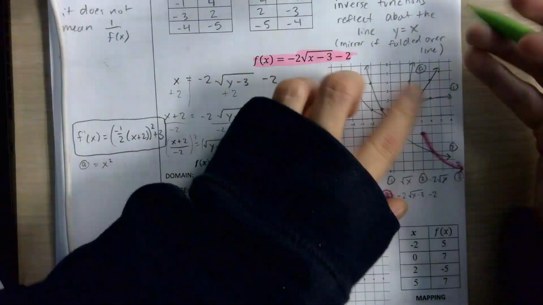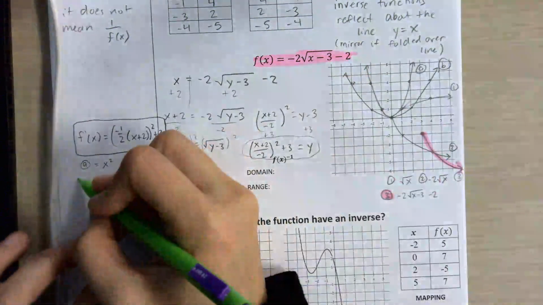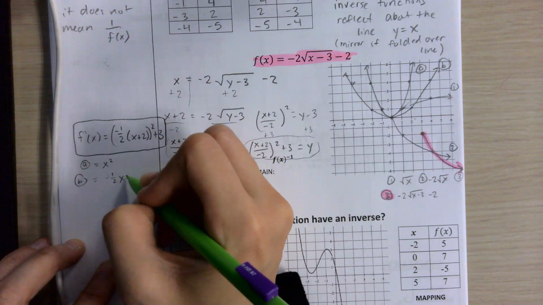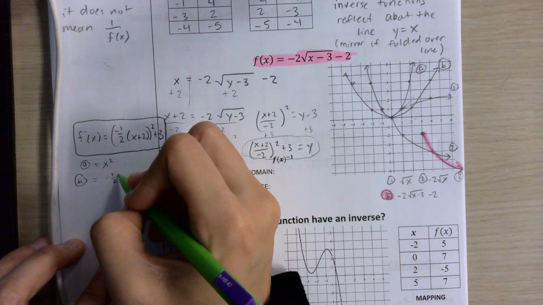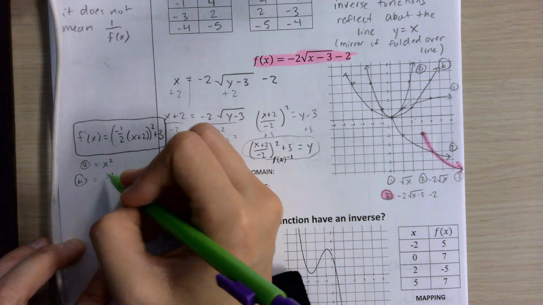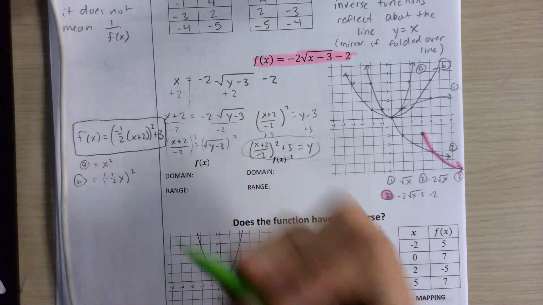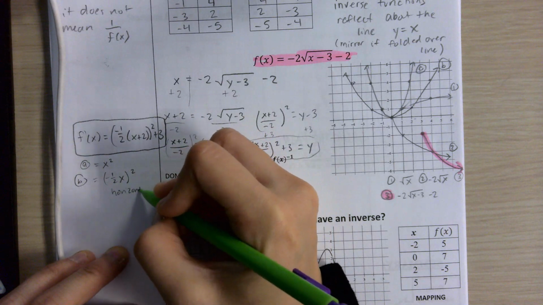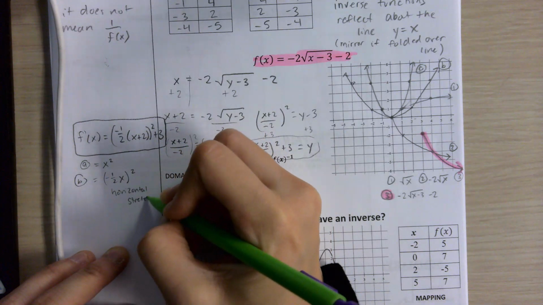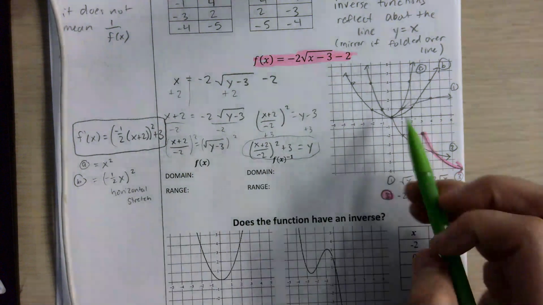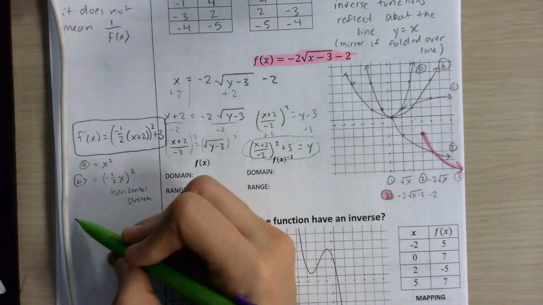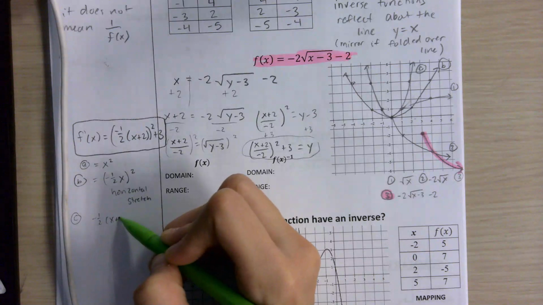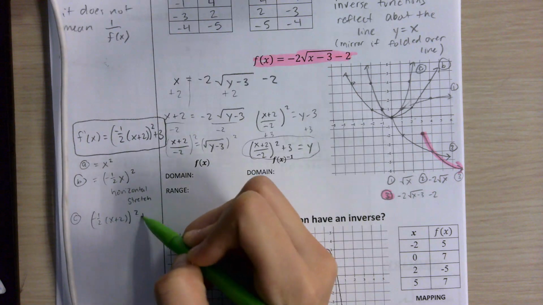This is B. B equals negative 1/2 x squared. Right, so this is a horizontal stretch. And then we're going to translate it: negative 1/2 x plus 2 squared plus 3.